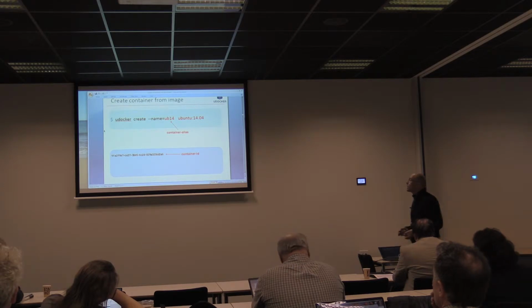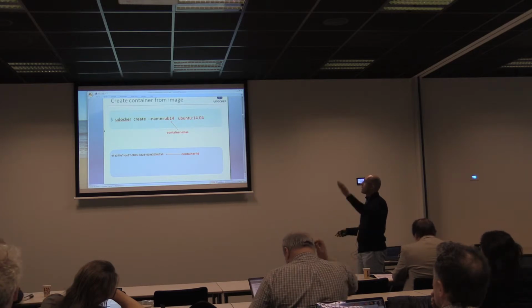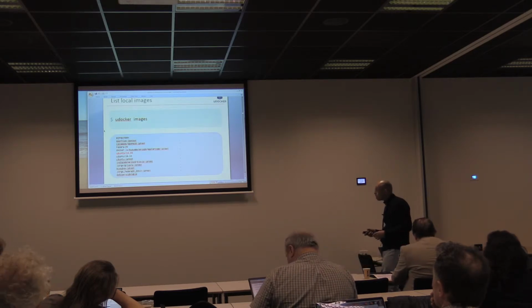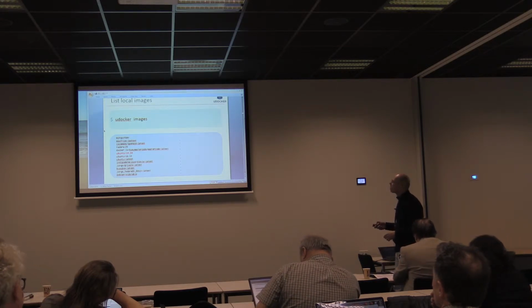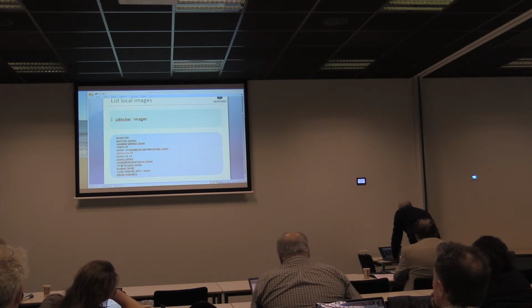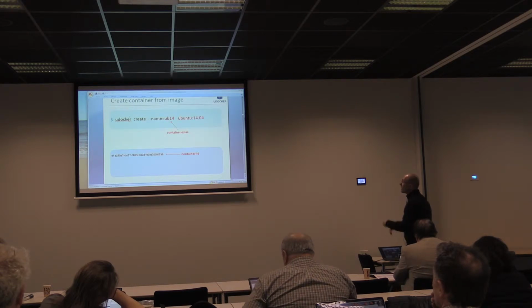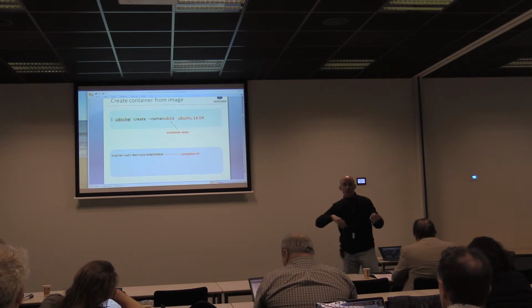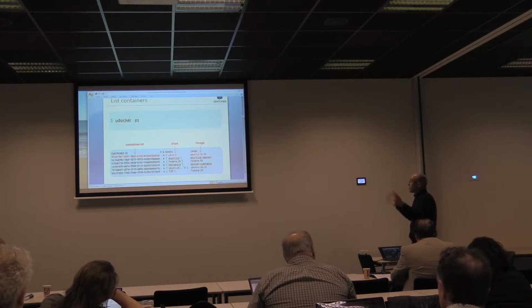Creating a container here basically means taking the layers and extracting them, one on top of the other, respecting the whiteouts of the layered file system, so that you get them into a directory tree.